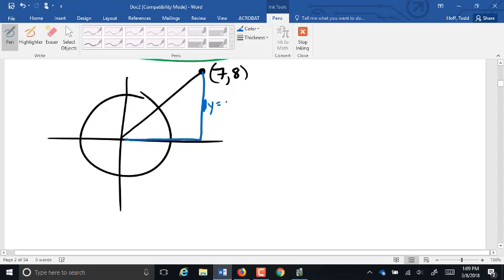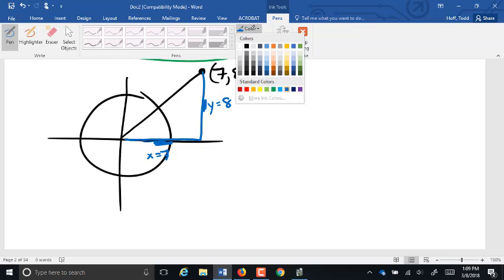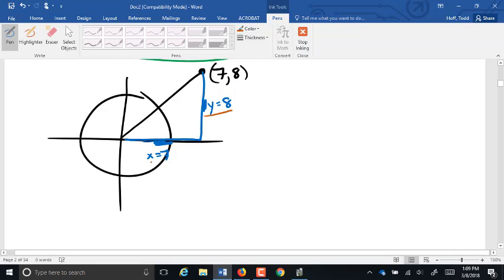That's the y coordinate, right? That's 8. What's the length of this side? 7. So I know already that the tangent of that angle, whatever that angle is, is 8 over 7, or 1.142857143 approximately.